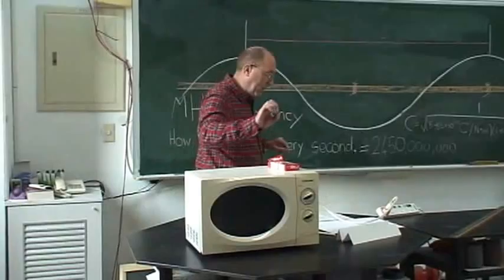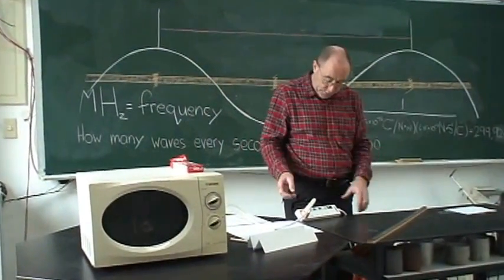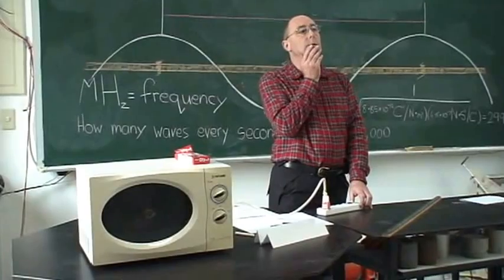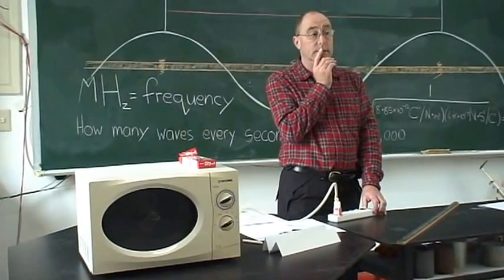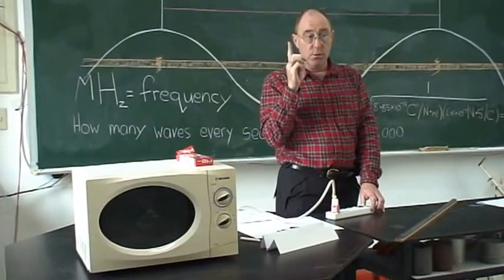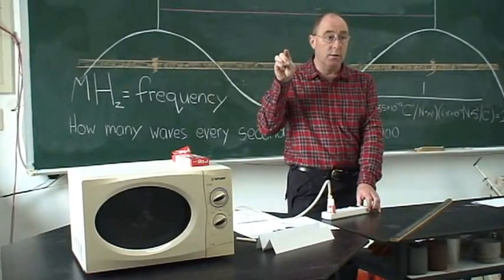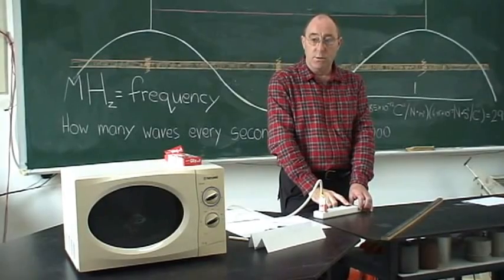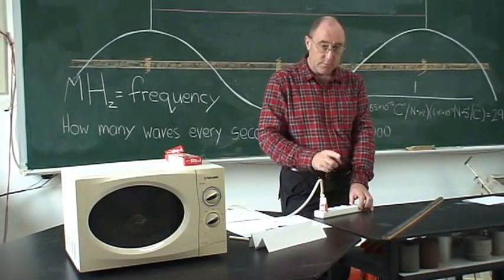Now, the microwave's ready, the chocolate's ready, the paper's ready. Let's choose 12 seconds. So we're all going to count. When I switch this on, I say 3, 2, 1, and we're going to count from 12, 11, 10. Now, are you ready? 3, 2, 1, count.